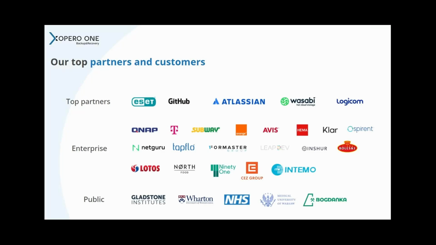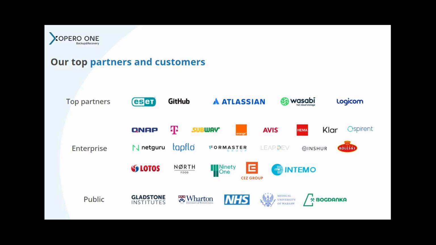When it comes to our top partners, we are in constant communication with ESET, as we are a part of the ESET Technology Alliance program, which basically means that we are the only backup and disaster recovery solution recommended by ESET. Some of our other partners that are worth mentioning here are for sure Wasabi, provider of our Xopero cloud storage, T-Mobile and Orange, two huge telecom companies that offer our cloud backup solution to their customers, as well as Atlassian and GitHub.